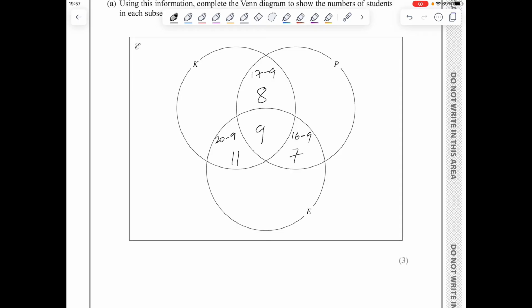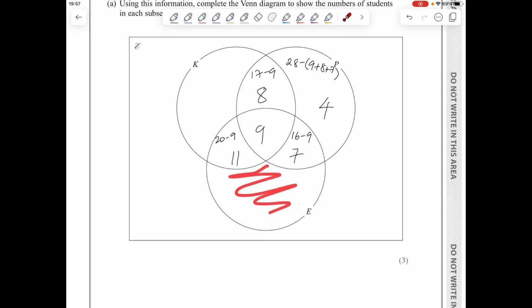Now the whole of photography is 28. So to find this region here, just subtract 28 minus these three regions. So I get 28 minus the other three, 9 plus 8 plus 7, which gives me a 4. Similarly, this whole region is equal to 39.